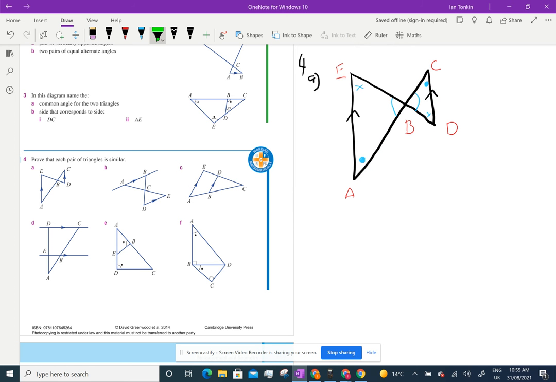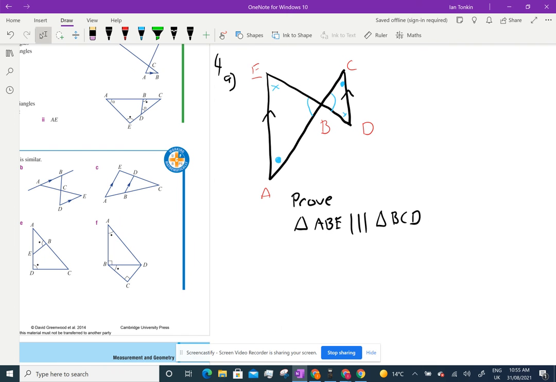Okay. So once you've done that, and you know how you're going to do it, this one's pretty easy. So prove triangle ABE is similar to triangle BCD. Now you really only have to prove that two angles are equal and then you get equal angular, but I always do 3.